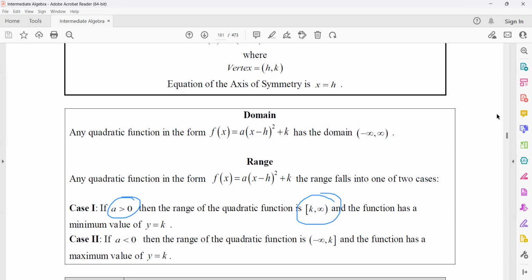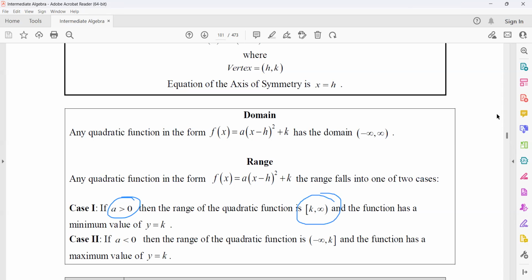And I'm going to explain that. And we're going to say that k has a minimum value. k is the minimum value. Okay, the function has a minimum value k, or y equals k. That is for case 1.